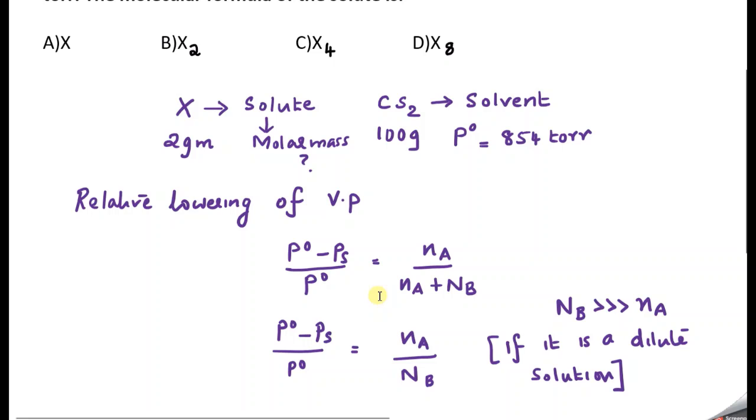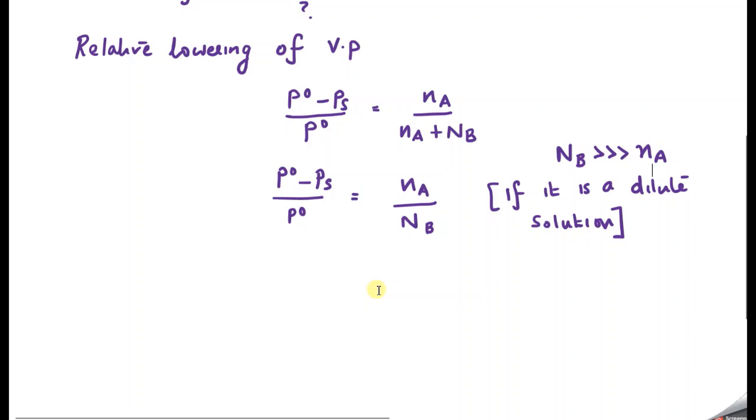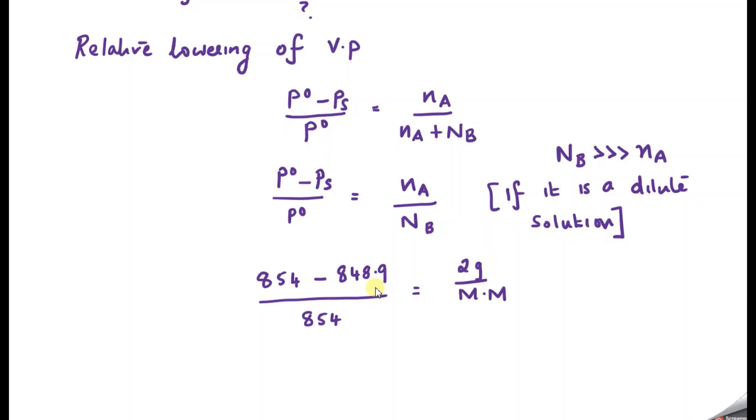Okay. Now let's start substituting this. P0, given in the question, is 854, minus Ps, which is 848.9, divided by 854, which is equal to the number of moles of the solute, that is, 2 gram of the solute divided by the molar mass of the solute, which we don't know and need to calculate, divided by the number of moles of the solvent.